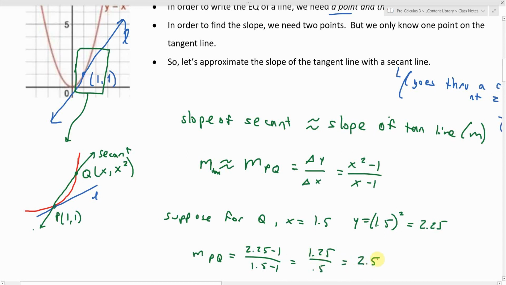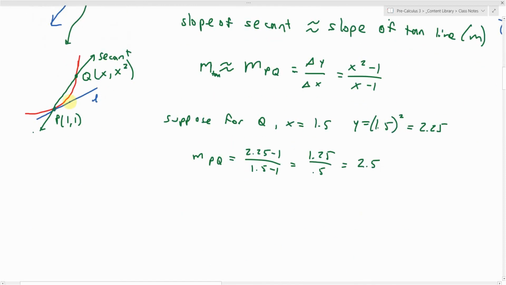Okay, so when x equals 1.5, our slope of the secant line is 2.5. And what we're saying is that because the secant line is approximately equal to the tangent line, then this is approximately equal to the slope of the tangent line.